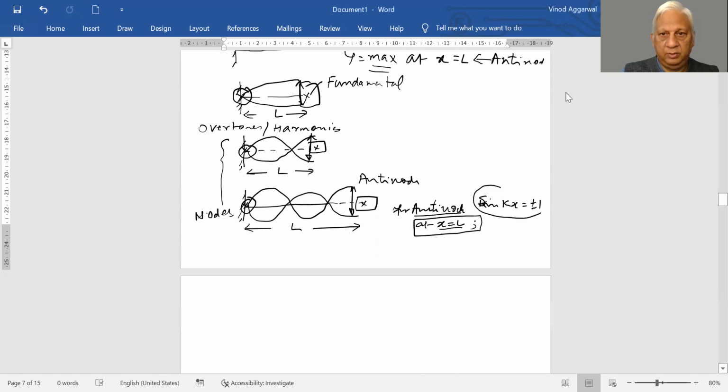If sine kx is supposed to be plus minus 1, then at x is equal to L, kL should be equal to (2n+1) pi by 2, for n is equal to 0, 1, 2, and so on and so forth. You can write this also like this.